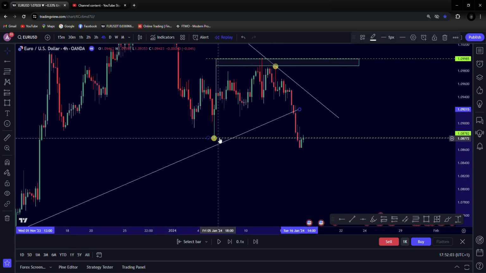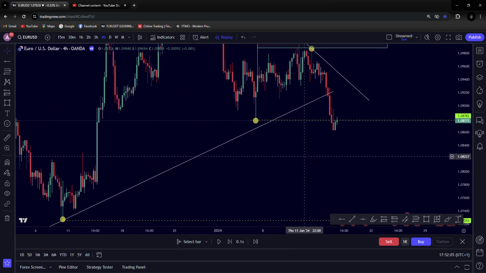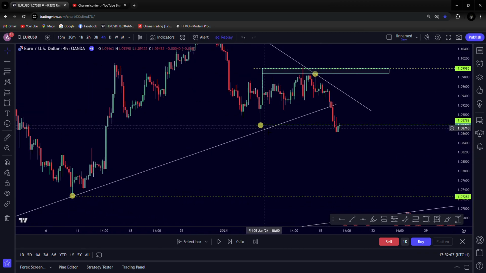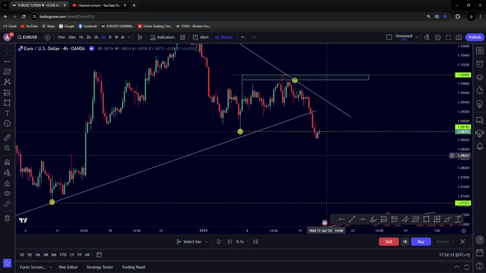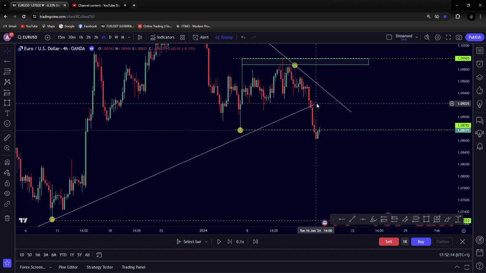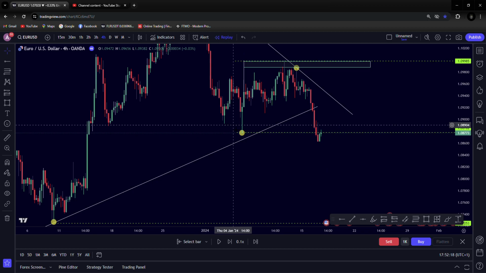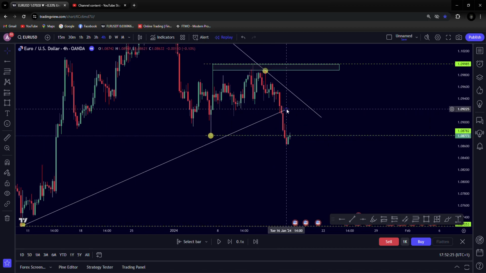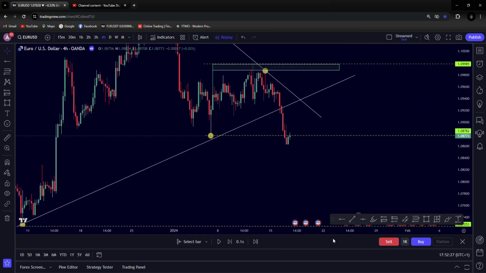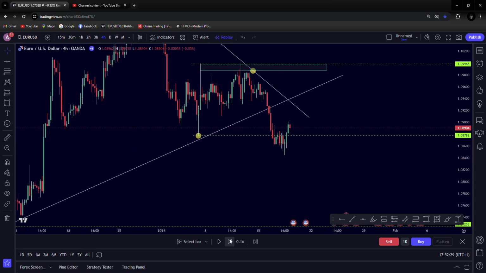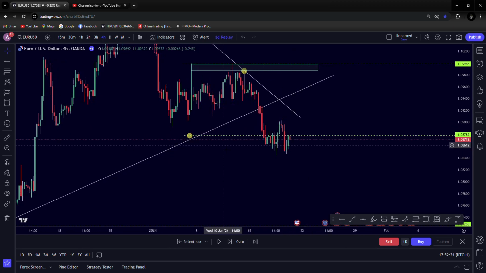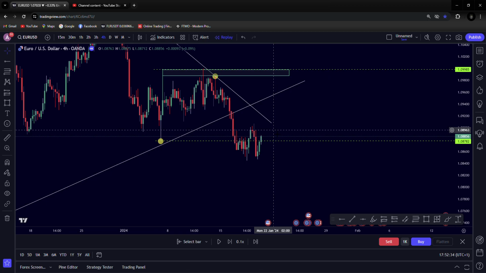It came to take this low, where I said I don't put a trend line because the outer trend line is very close, I'm using this point as liquidity. So most of the people entered on the trend line and set the stop loss just on this very low. So hopefully you understand what I'm saying with these liquidity zones and how to use a trend line.